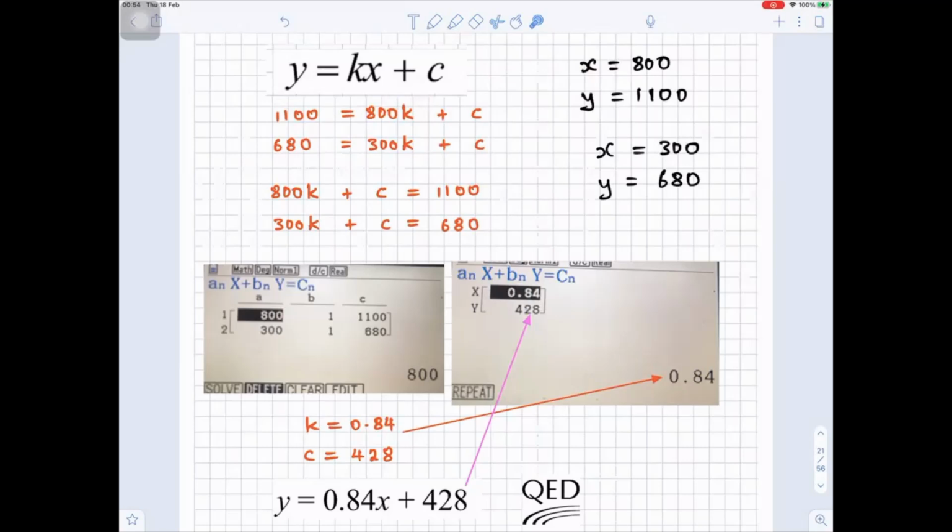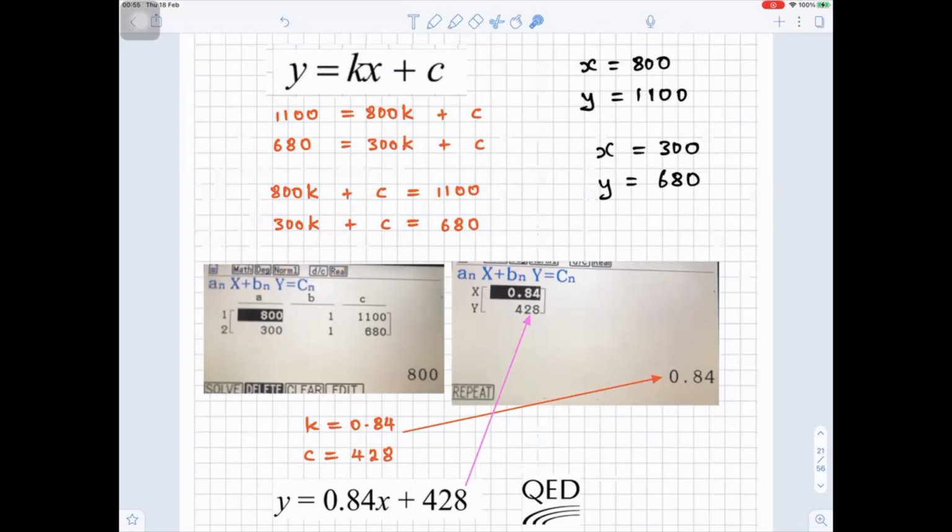Now we can swap them around. Take all of this to the left side and take this to the right side, so we would have it where we can have ax plus by is equals to c.